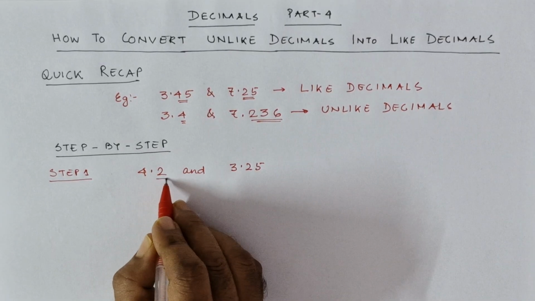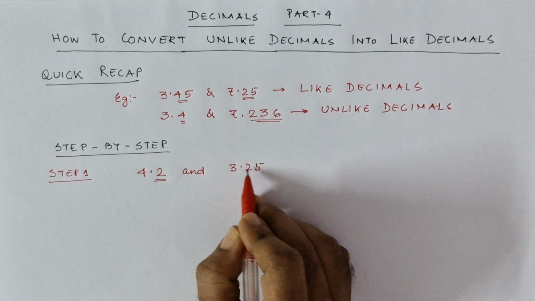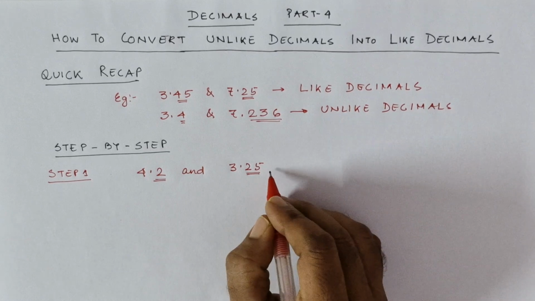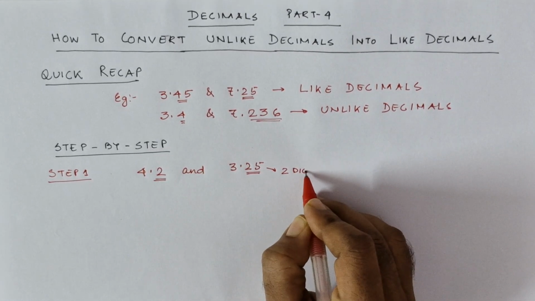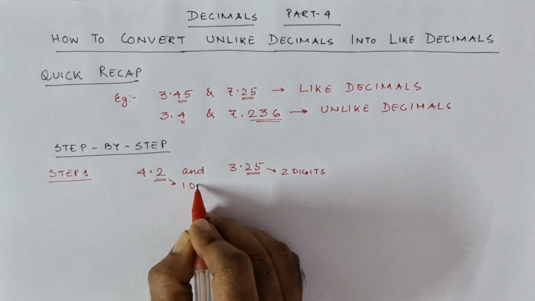In 4.2, we have one digit. In 3.25, there is 0.25, we have two digits here. So they are not equal.